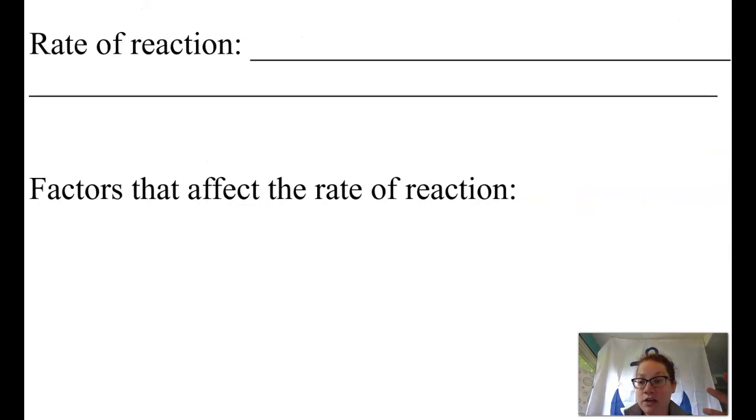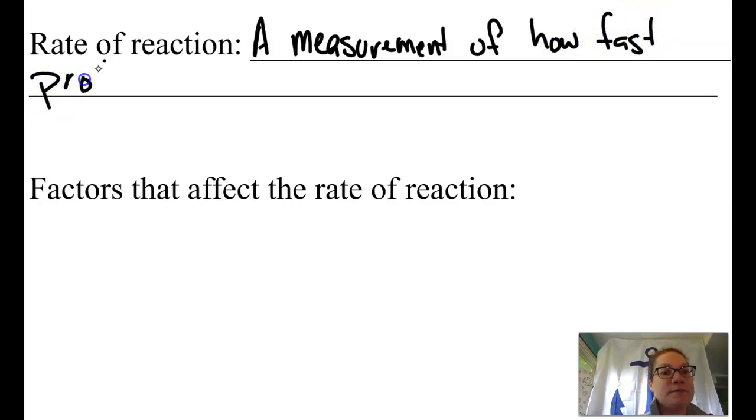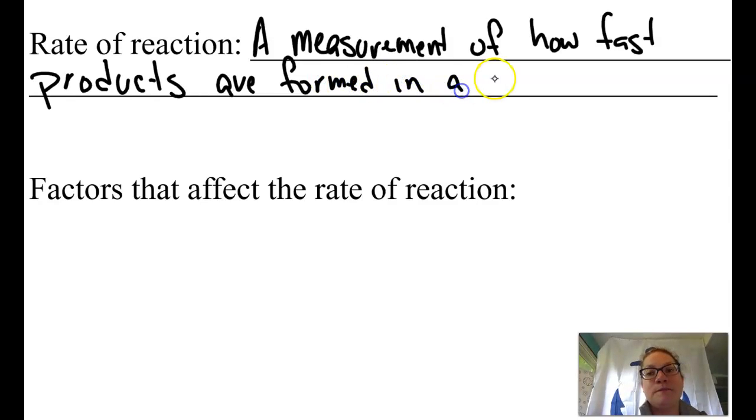So we're going to say the rate of the reaction is a measurement of how fast products are formed in a reaction.